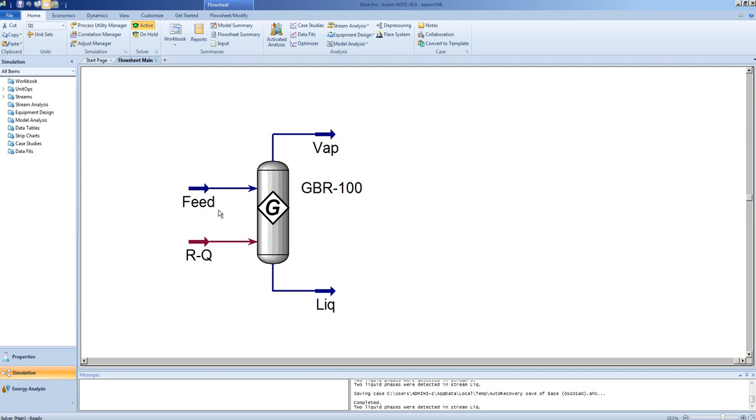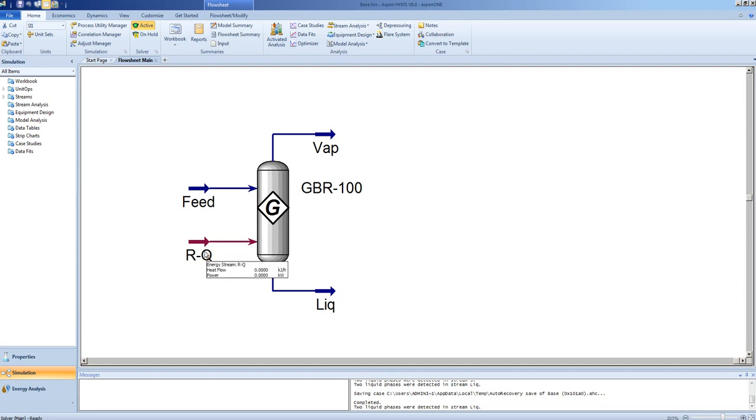What would happen to the conversion or the equilibrium position if we were to make this reactor instead isothermal, meaning that the outlet would be exactly the same as the inlet in terms of temperature? So we would like to find out what would happen if this temperature was 300 degrees, the same as the inlet.